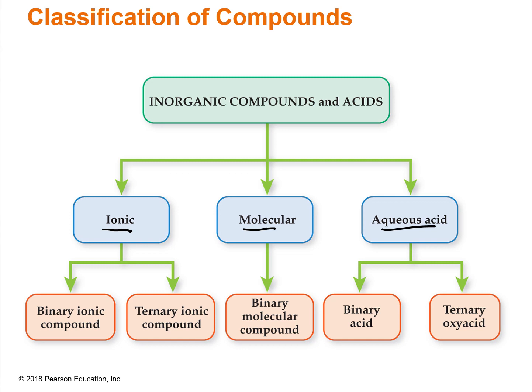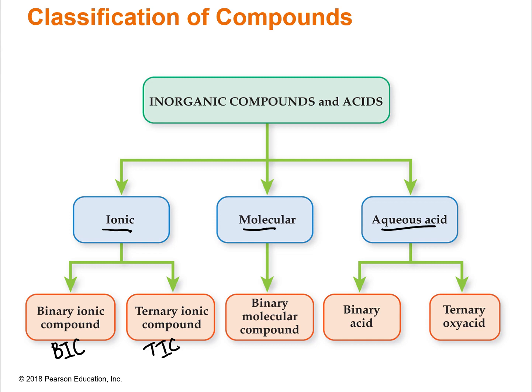Under the major category of ionic compounds, we've got binary ionic compounds, which I'll abbreviate BIC, and ternary ionic compounds, TIC. So those are the 2 types of ionic compounds we'll cover today.